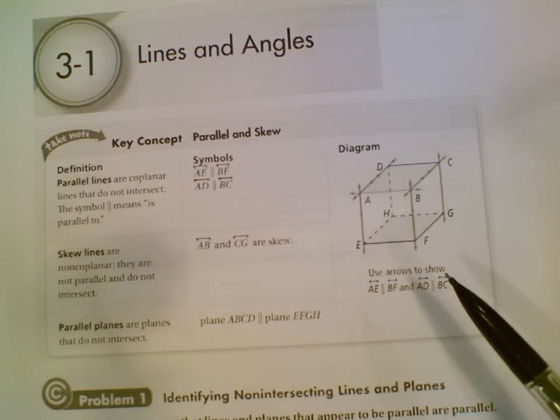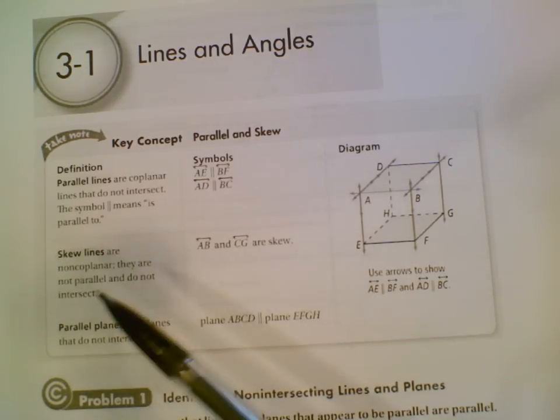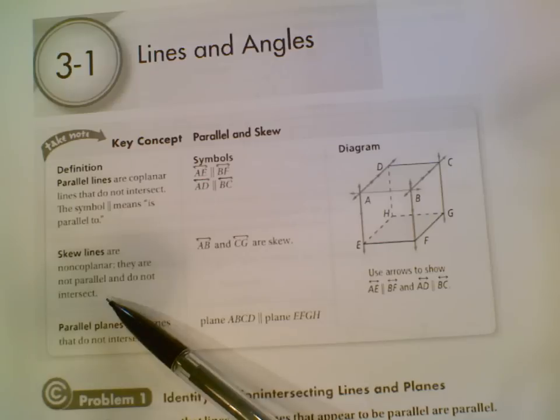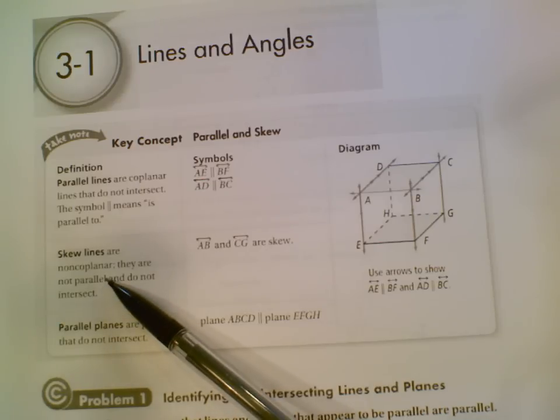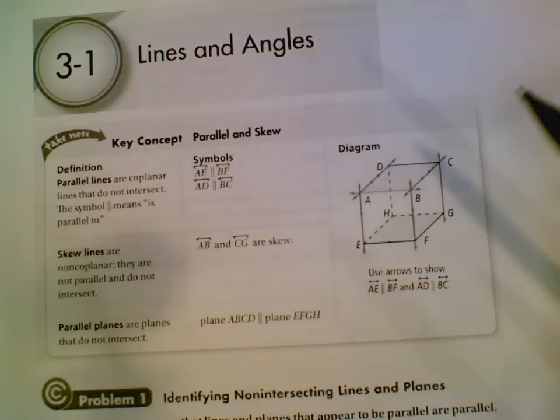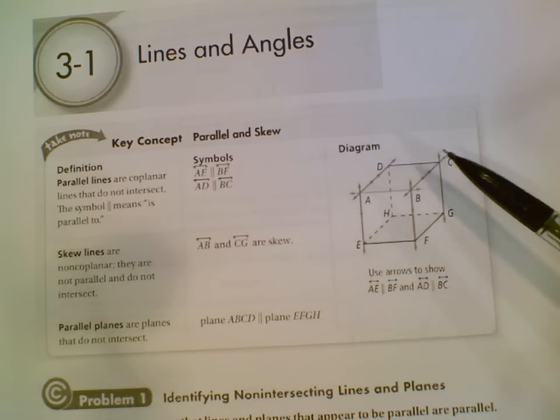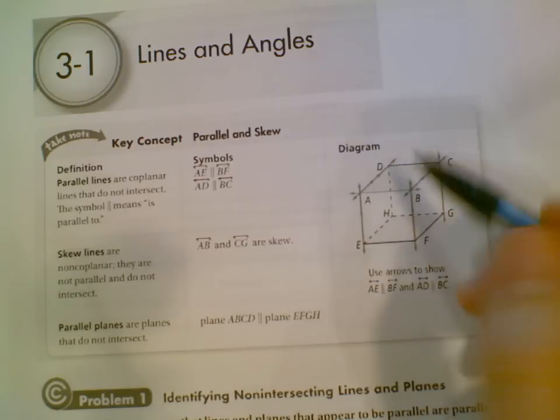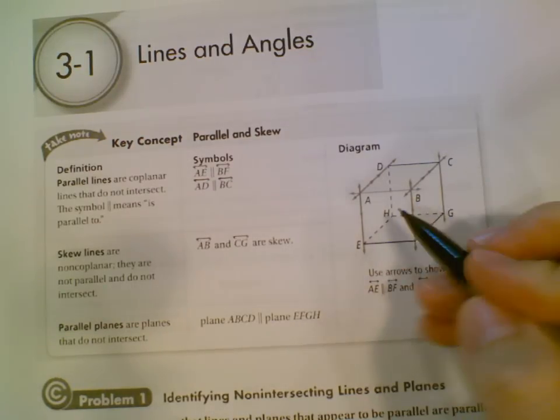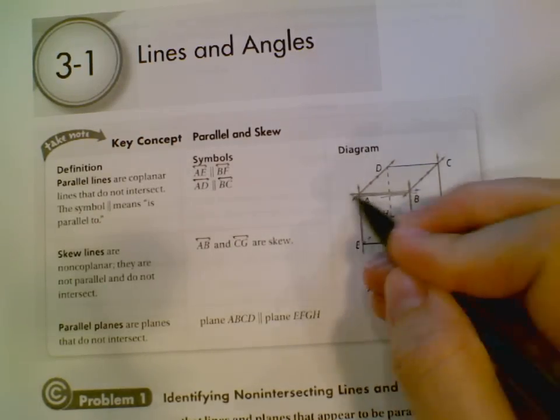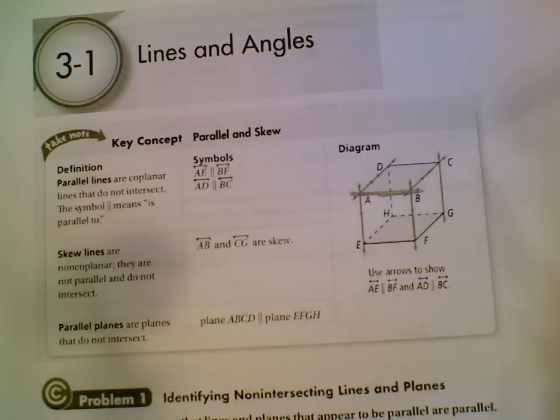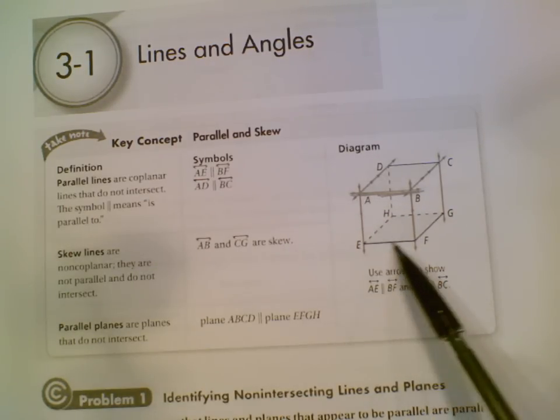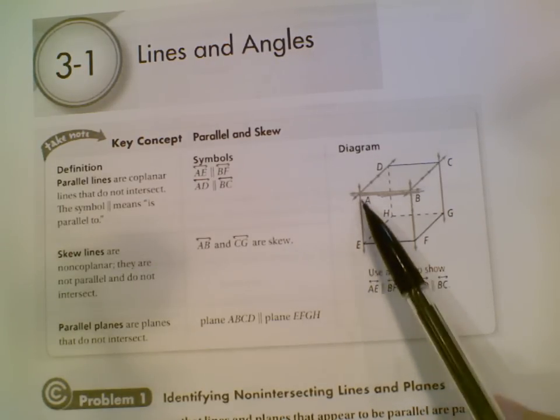Now, one other set that you probably have not heard about are skew lines. Skew lines are non-coplanar, so they do not lie on the same plane. They are also not parallel and do not intersect. So if I have this line here, AB, and I am skewed to that, that means I cannot include any of these lines that are touching it.